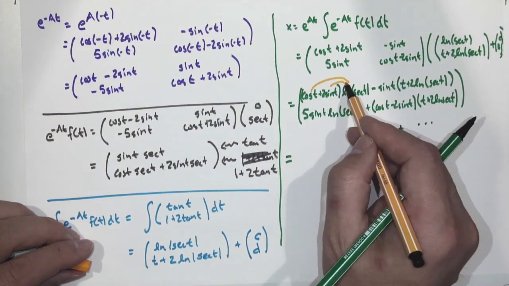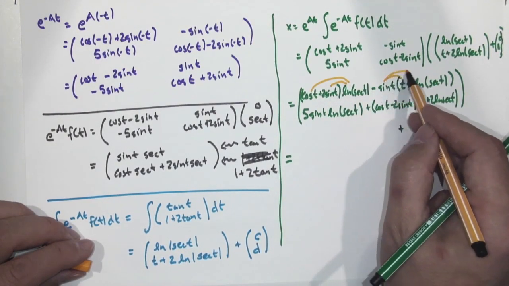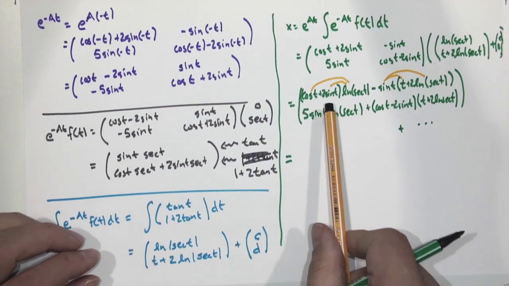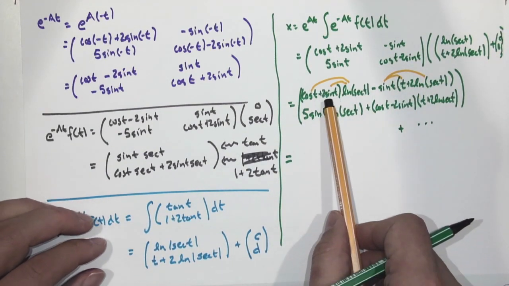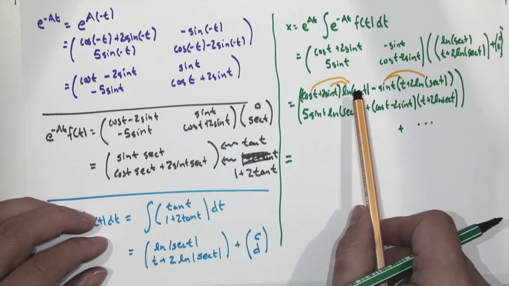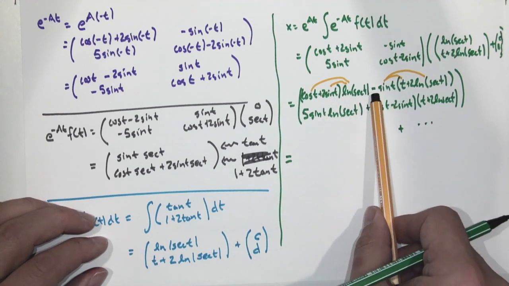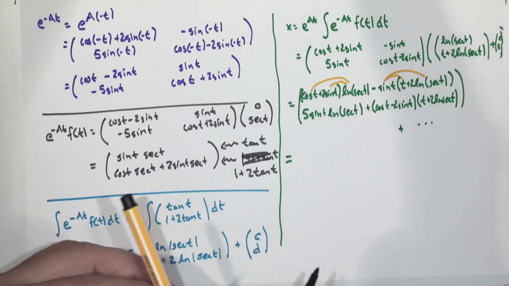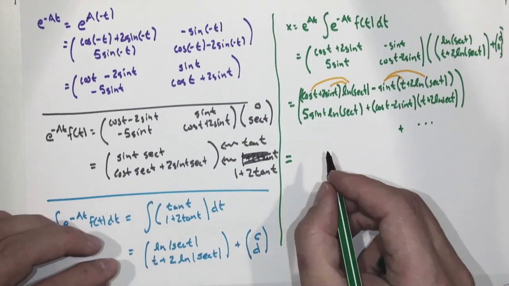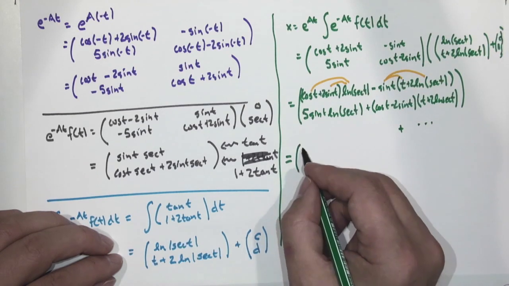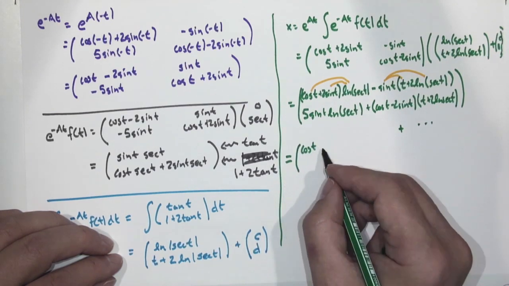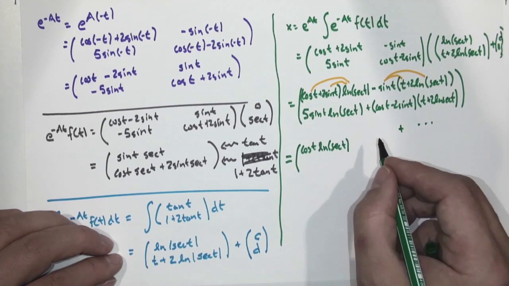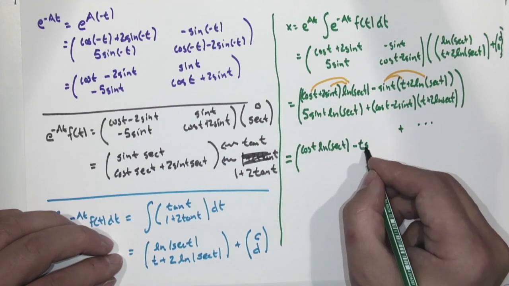So you're going to do some distributing here. And if you look upstairs, you'll see there's a 2 sine t log secant t and a minus 2 log secant t sine t. So those actually end up canceling. So what you end up with on the top is cosine t log of secant t and minus t sine t.